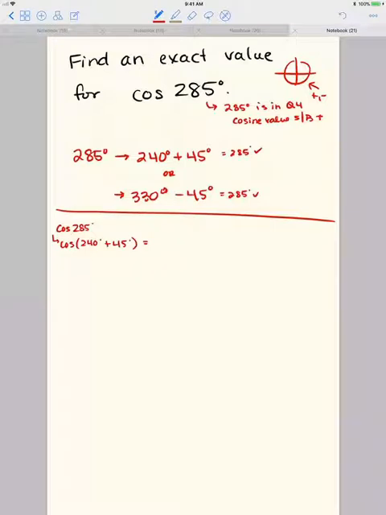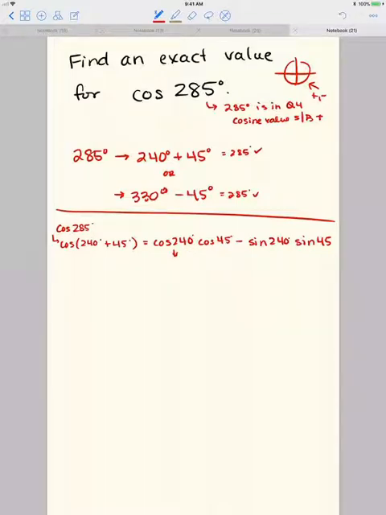And that will use my cosine sum formula that says I do cosine of the first angle times cosine of the second angle minus sine of the first angle times sine of the second angle. All right, so that's the sum of angle formula for cosine pulled from the formula sheet.